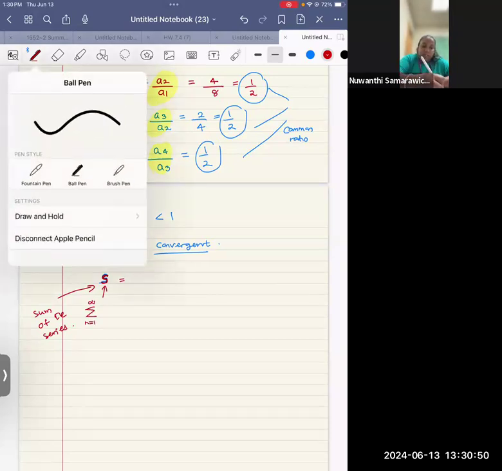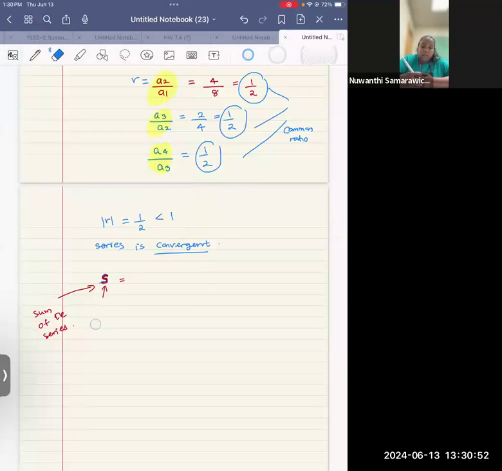So what is the sum here? Yes, the sum formula is the first term divided by 1 minus the common ratio.